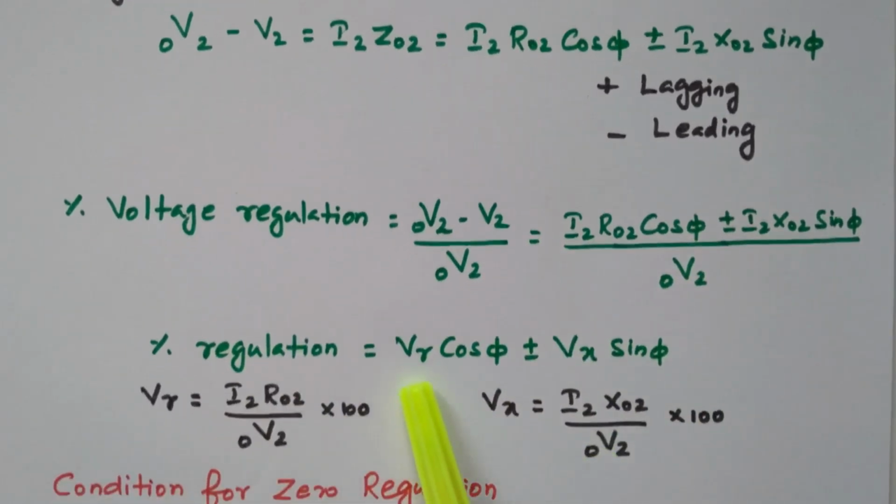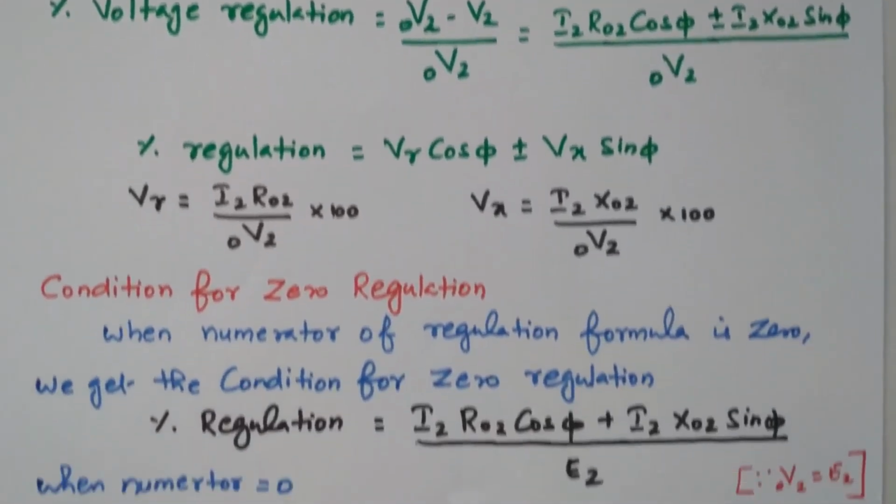It can be written as VR cos φ plus or minus Vx sin φ. Here VR is I2 R02 divided by the no load secondary voltage, and Vx is I2 X02 divided by the no load secondary voltage, into 100. So now we got the expression for voltage regulation.